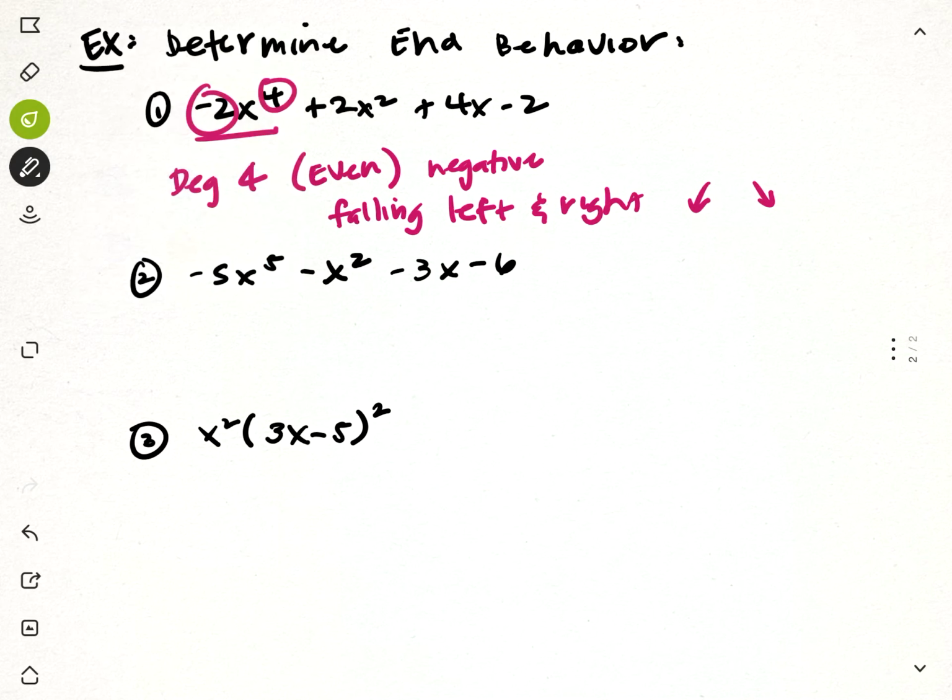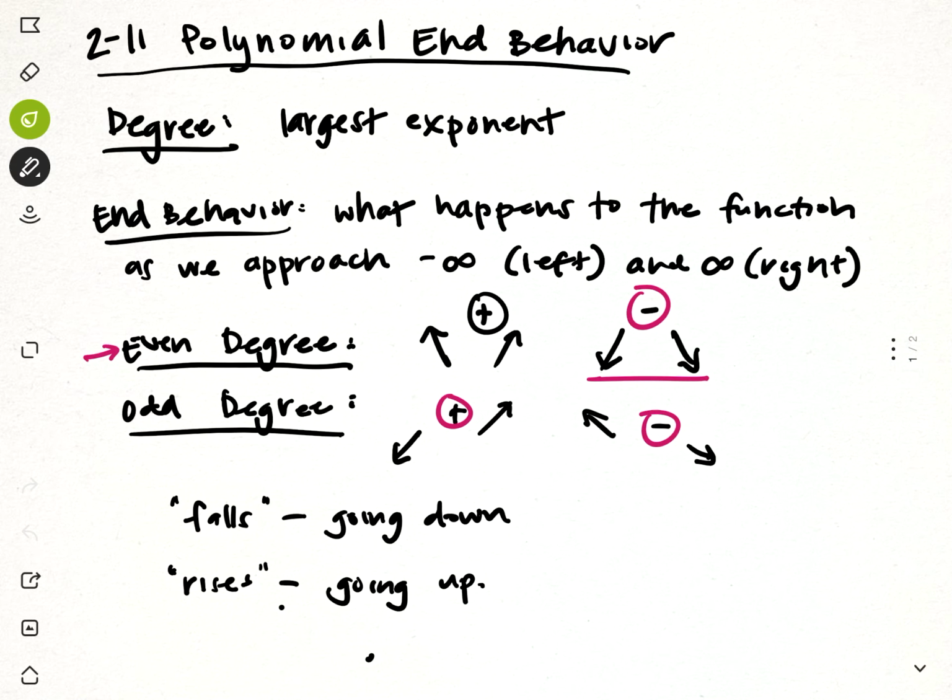Okay, second one, same thing. We're going to look at the highest exponent. This is degree 5, which is odd, and our leading term is negative. So if we go back here, we're looking at an odd, negative.